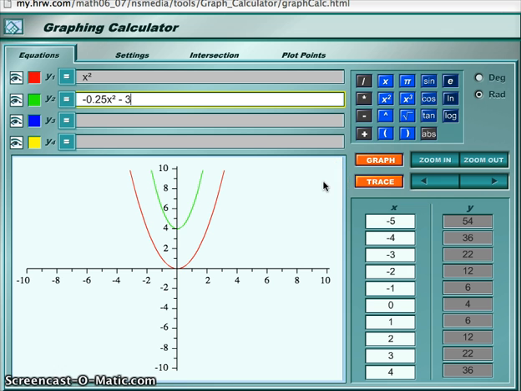Make your prediction, and then hit graph. You should have predicted that it was going to be translated vertically down to negative 3. It was going to be opening downward because it's a negative value, and it also is going to be wider than the parent quadratic function x squared because the a value is less than 1.